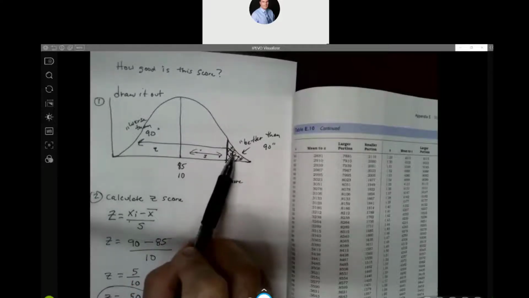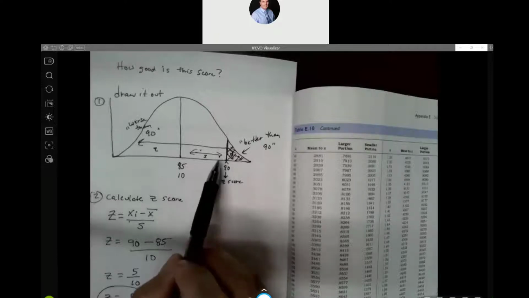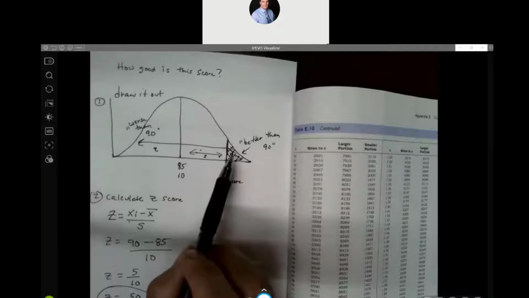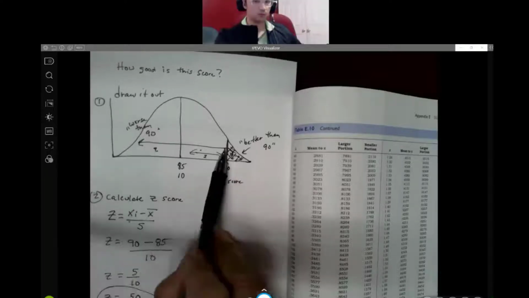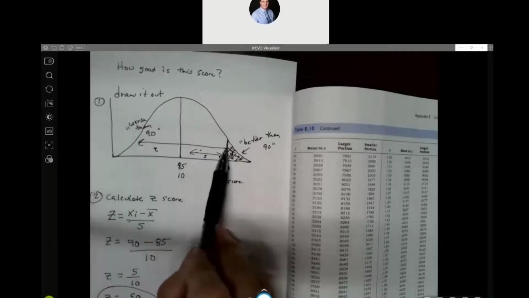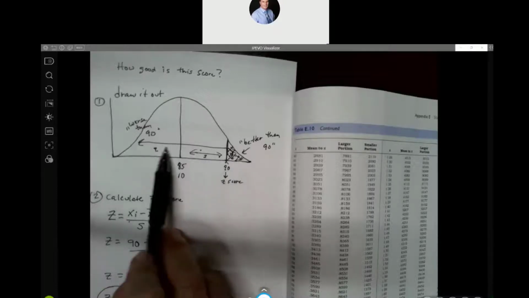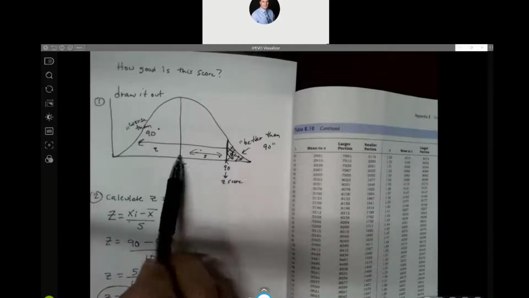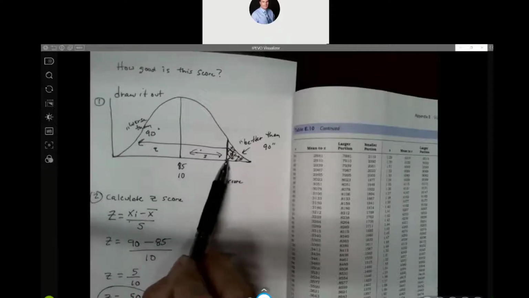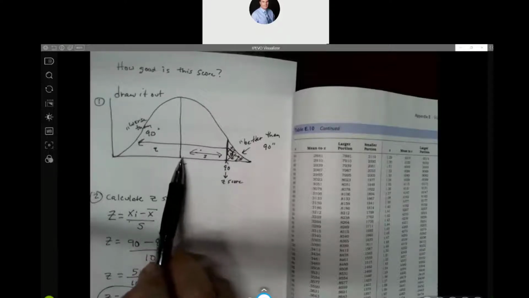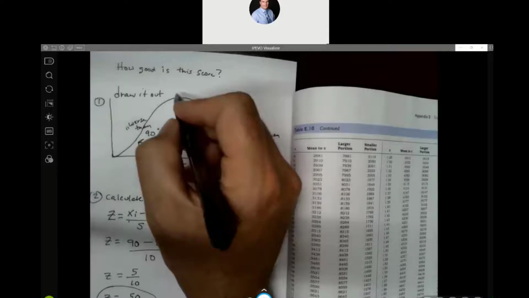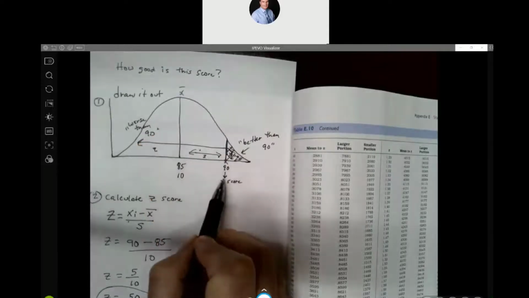Is it small, large? It should be a small area. Yeah, it's a small area. And all of this would be the large area, right? All of this would be the large area. And this area 3, from the score to the mean, would be from the mean to the z-score.